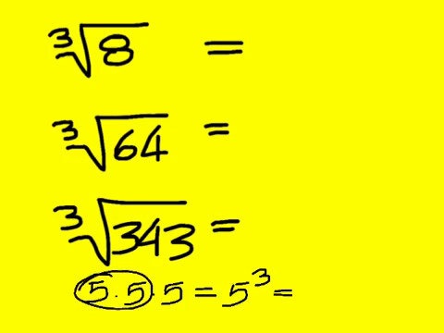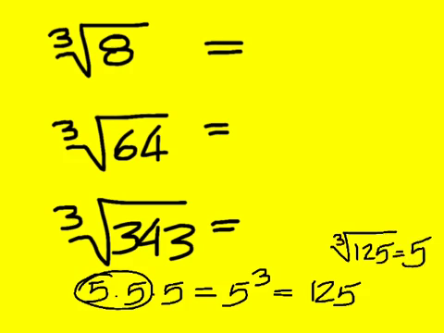What is 5 times 5? 25. What's 25 times 5? 125. So I could say that the cube root of 125 is what? 5, yes. It's the number you multiply against itself and against itself again to get a number.